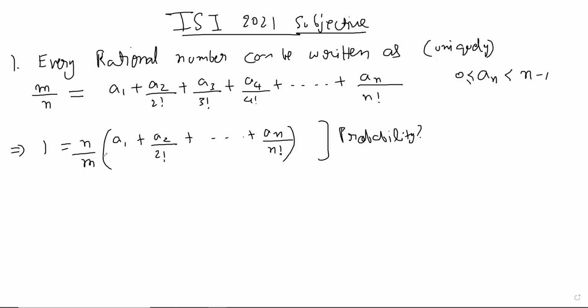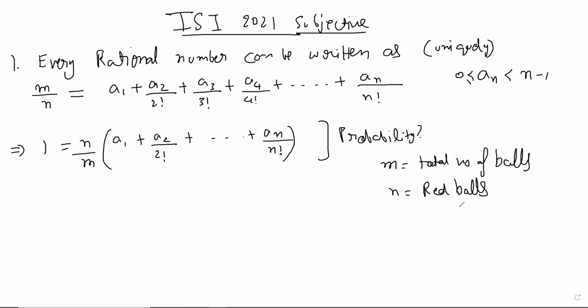Sorry, M is the total, because that's the denominator. So M is the total number of balls. Okay. N is the number of red balls.